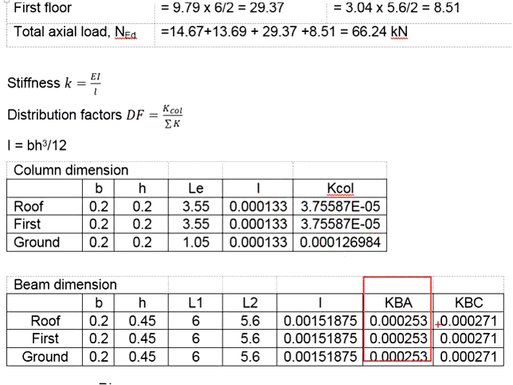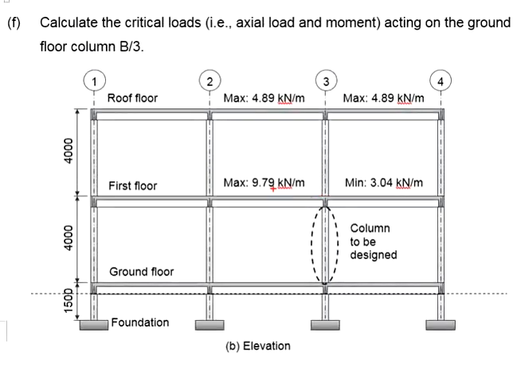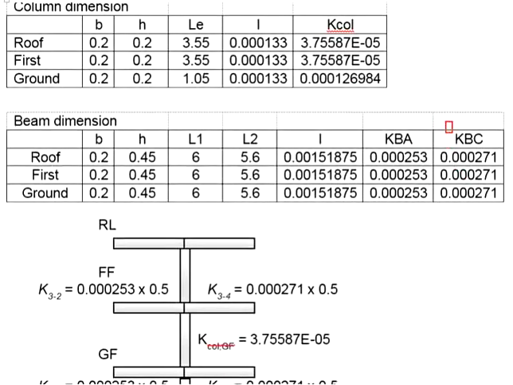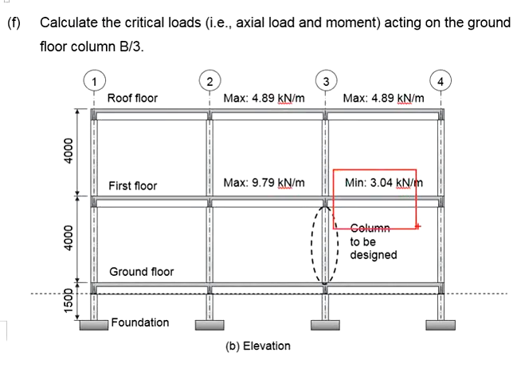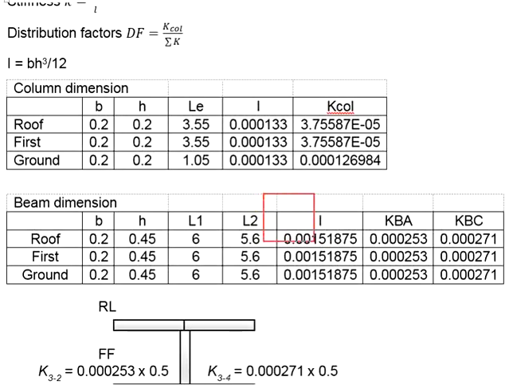This stiffness represents the beam on the right hand side, whereas this stiffness represents the beam on the left hand side. Now get the I first.